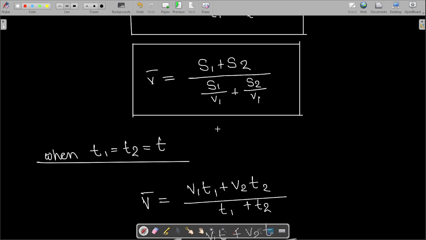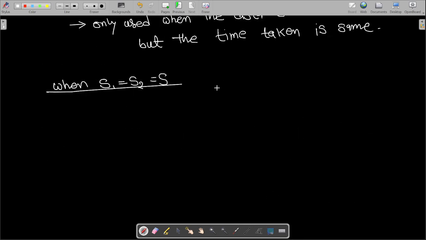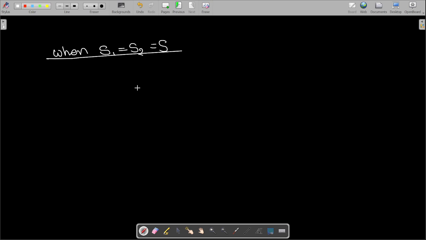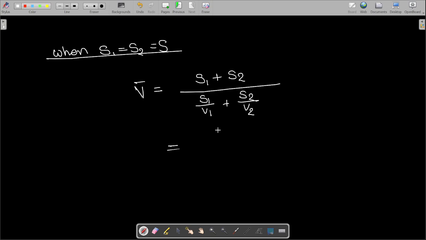We will replace s1 and s2 with s in this formula. v bar is equal to s1 plus s2 upon s1 by v1 plus s2 by v2. Now replace s1 and s2 with s.